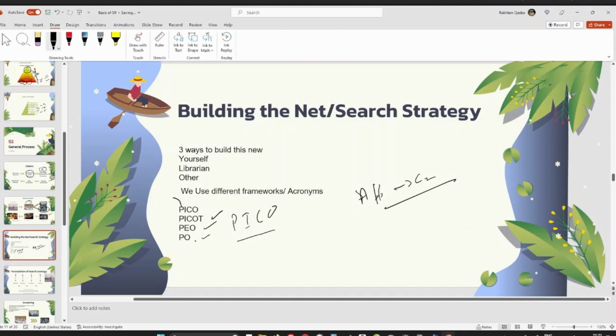P stands for population, I for intervention, C for comparison, and O for outcome. This framework makes it very easy for us to do the whole review, starting from the search strategy. It will help us a lot in doing the search strategy part.